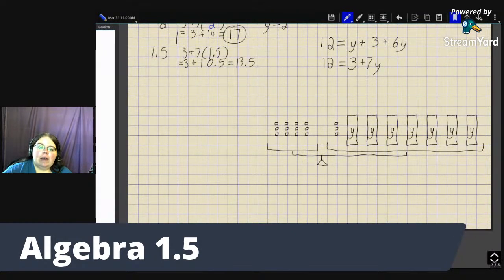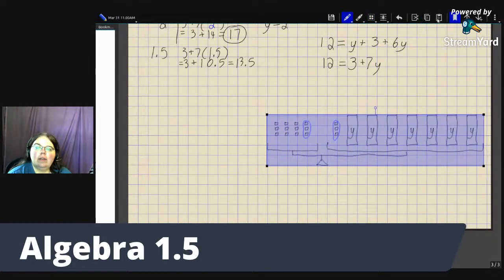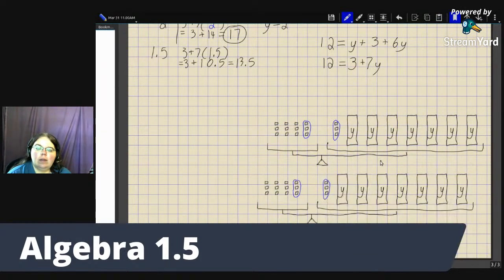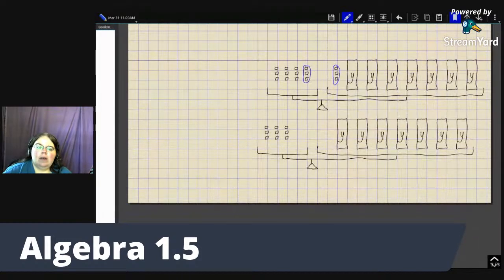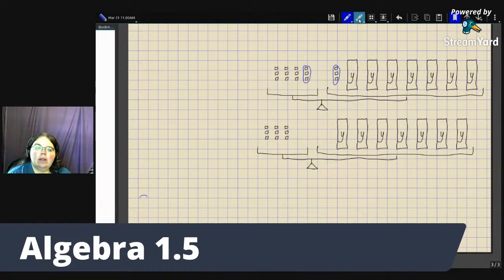Okay, so what comes to mind is, well, what's balancing with what? Well, one thing I can pretty safely infer is that these are balancing against these. So what if I take them off? Okay, so then we still have to ask, well, still though, what is balancing against what? So we've got 9 over here and 7y over there.